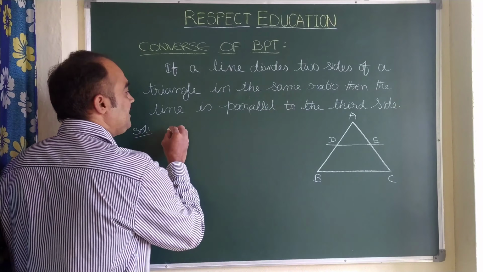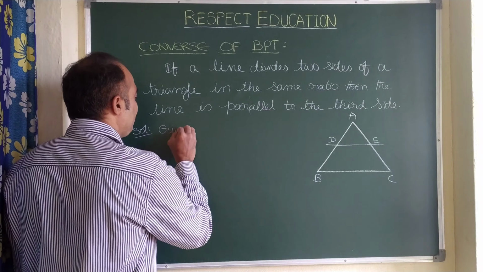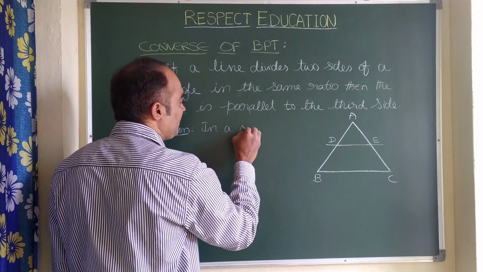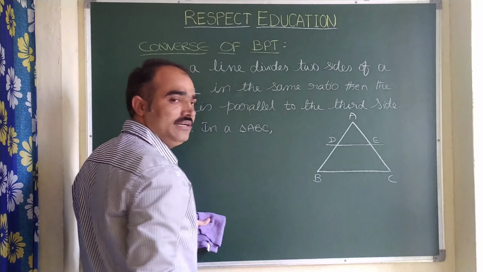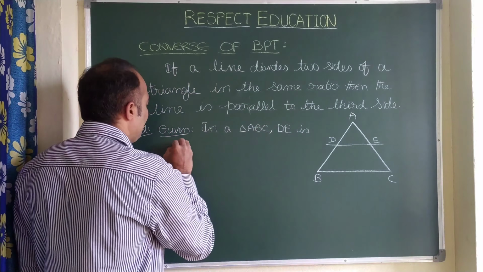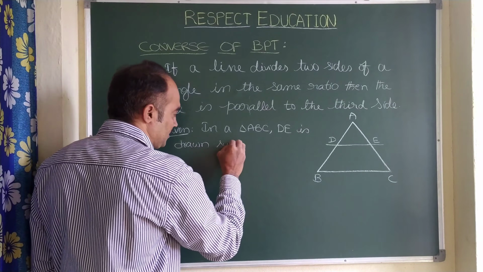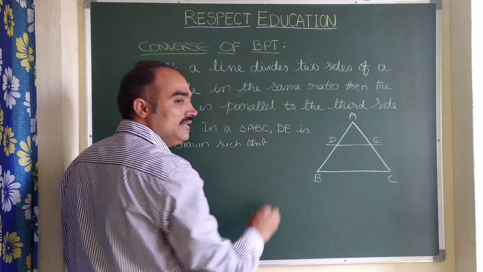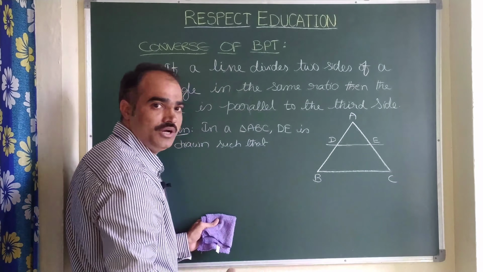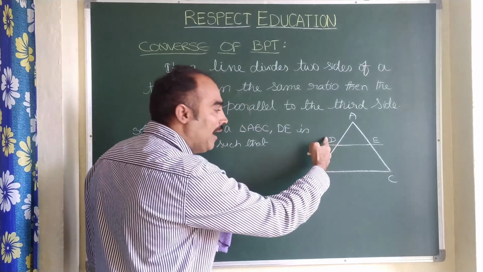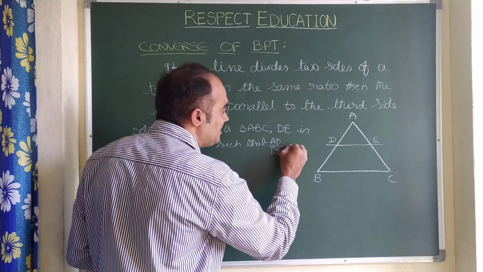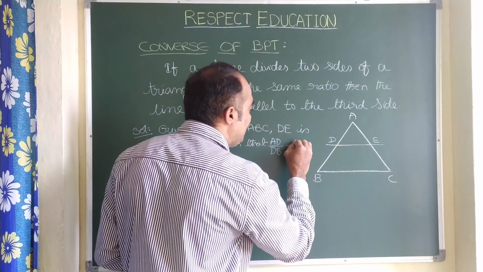So let us write here given. What is given? In a triangle ABC, DE is drawn such that DE divides AB and AC in the same ratio, meaning AD by DB is equal to AE by EC.